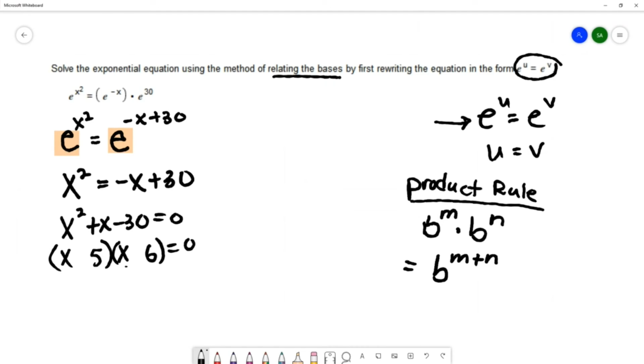I chose 5 times 6 because I could create the 1 in the middle that I need. So I'll put a plus on the 6 and a minus on the 5. We'll set each one of these factors equal to 0 and give x equals 5 and x equals negative 6 as the solutions to this exponential equation.